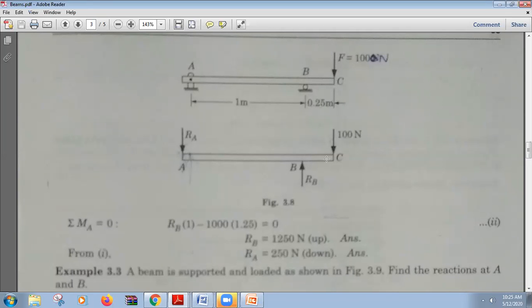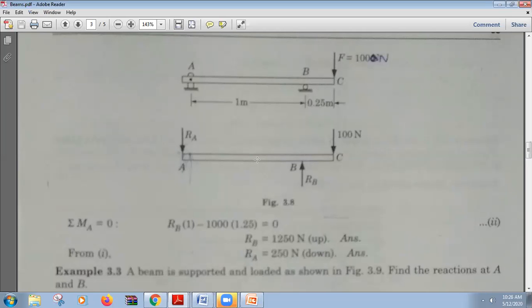So if we have to solve these problems, we will take simply moment. We can take moment about any point, because we have earlier studied that two conditions are necessary in equilibrium condition. First is sigma Fx must be equal to 0, sigma Fy must be equal to 0, and sigma M about any point must be equal to 0. That means all the vertical components, if they are added up, their sum must be 0.